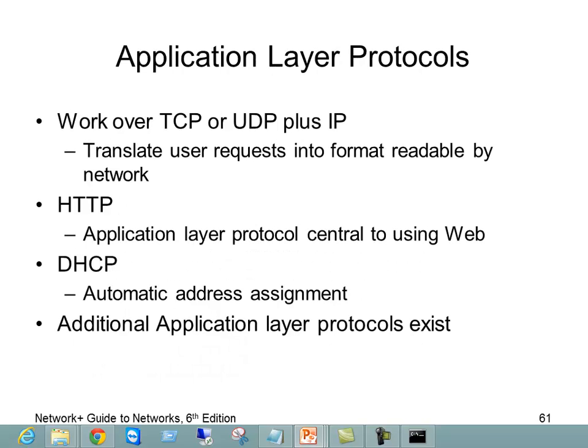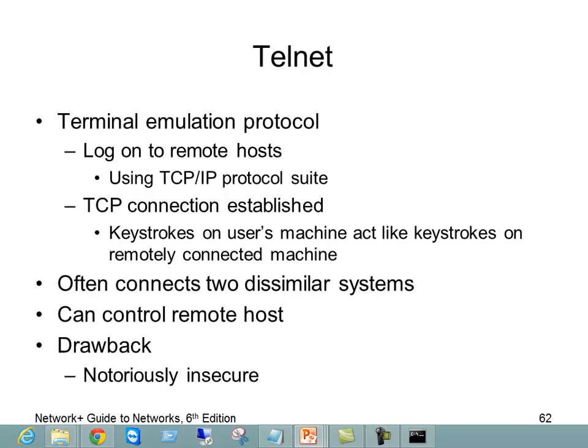All right, so application layer protocols are at the very top, and those are what are used to translate requests into readable format. HTTP is one. That is what you use to get on the web. DHCP gives you your addresses. Telnet is another one. It's used to remotely log on to clients.